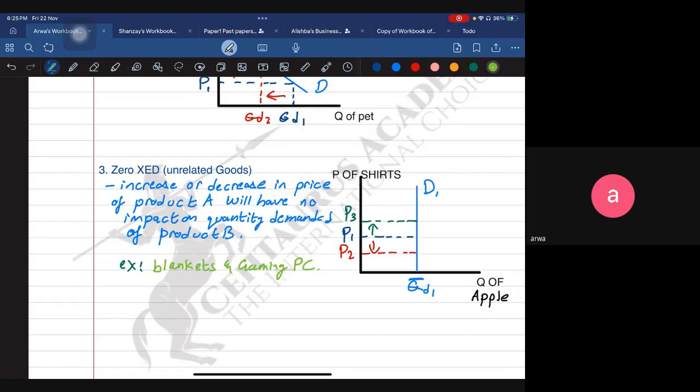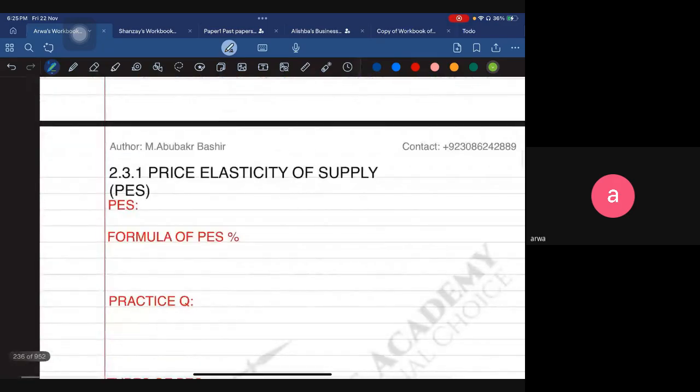Okay, I'm done, sir. Price elasticity of supply. Okay, so this is basically the responsiveness of the quantity supplied due to changes in price.